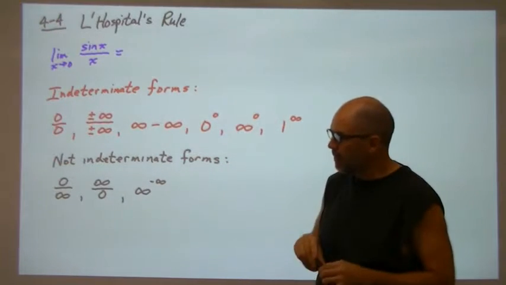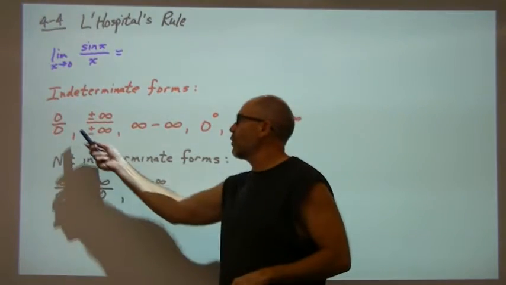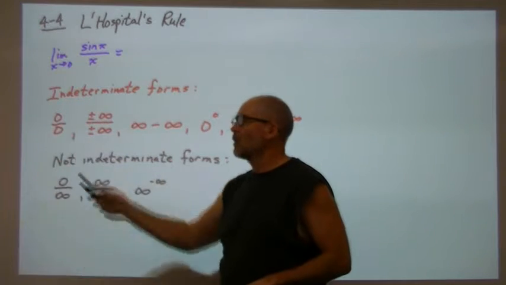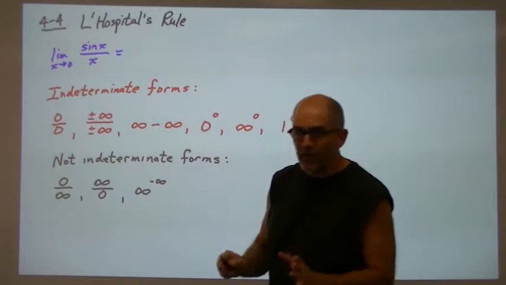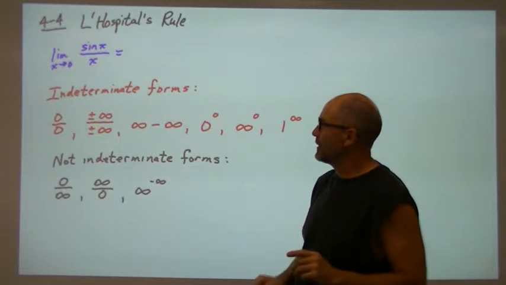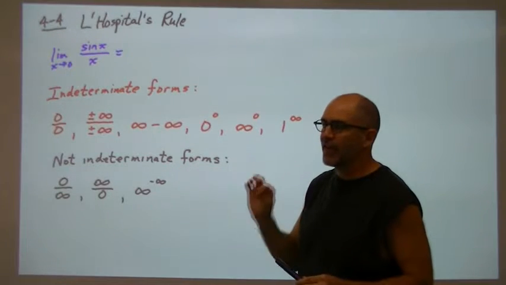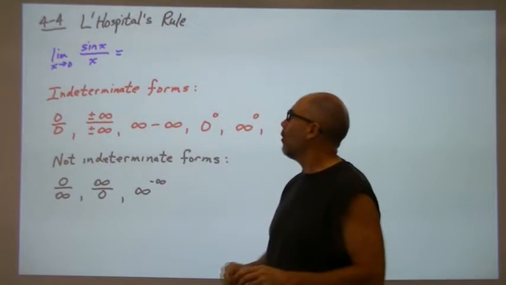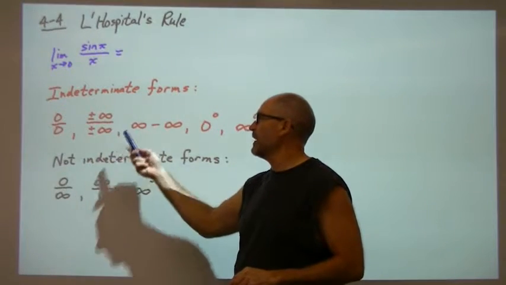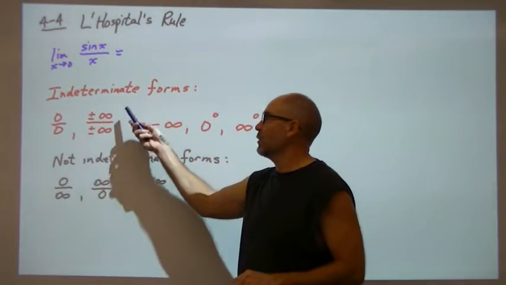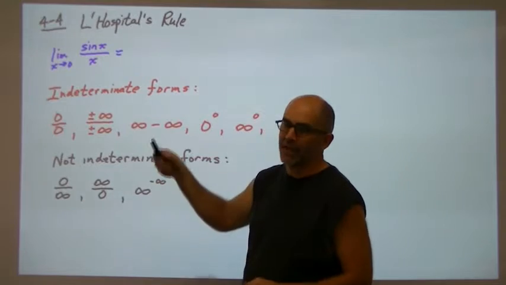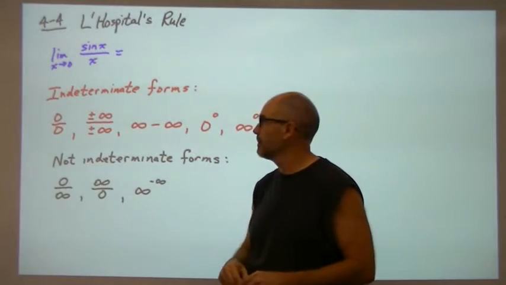Now, an indeterminate form is 0 over 0. There's no way of knowing what 0 over 0 equals, a tiny number divided by a tiny number. Or infinity over infinity, or negative infinity over infinity, or infinity over negative infinity, or negative infinity over negative infinity.